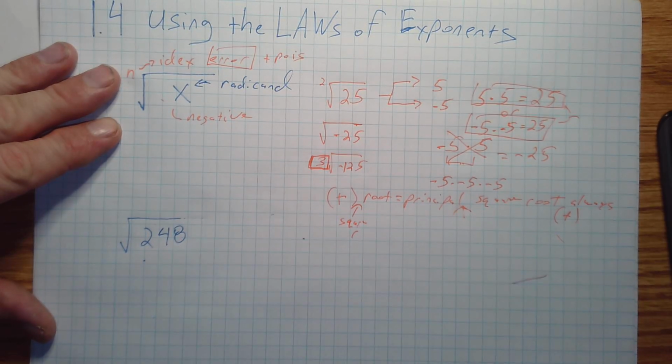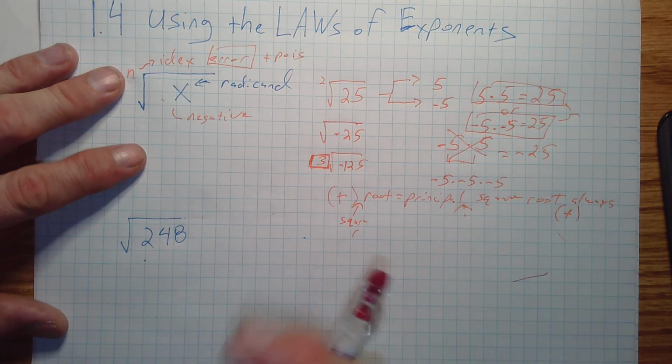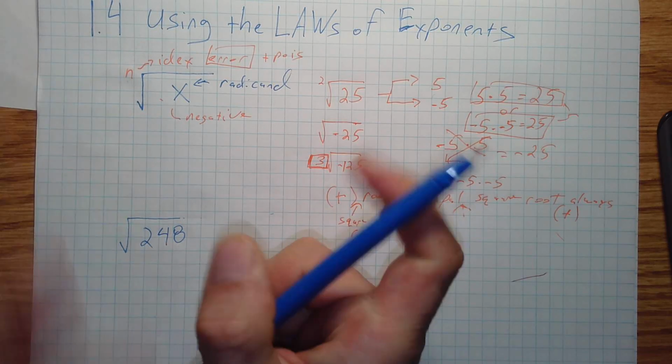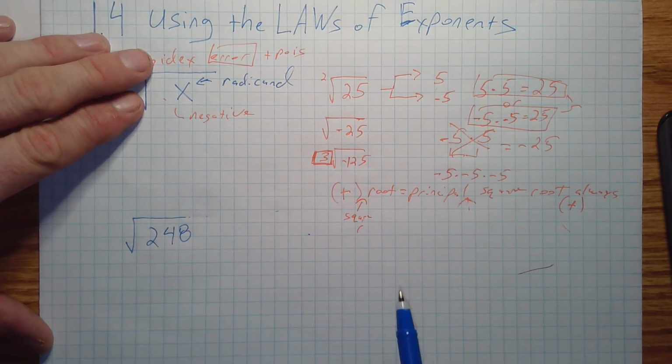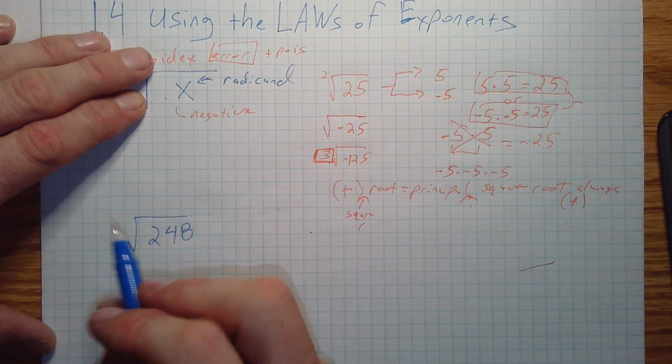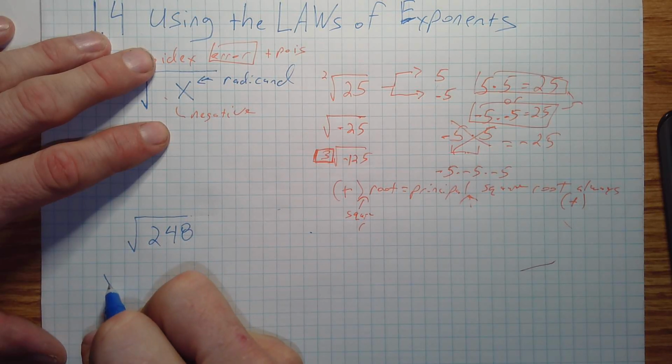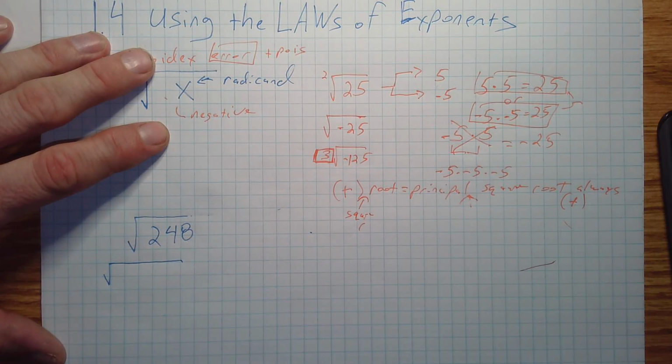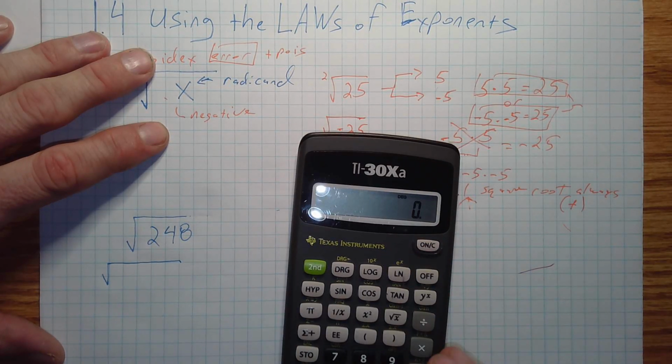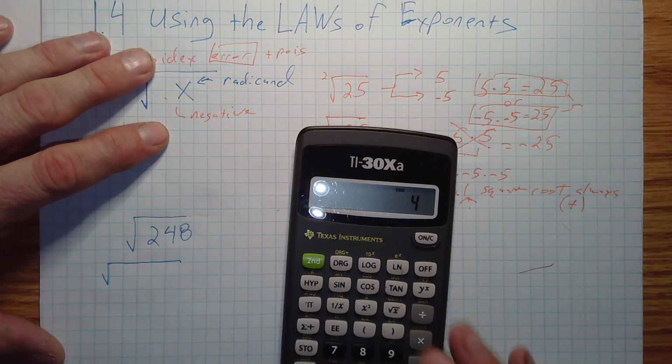I just made that up. Let's see if we can figure something out here. So we've got to factor this. Let's break this down into smaller components. I picked a nice even number because it's easy to break down. Let's divide 248 and see if it breaks down into 4.